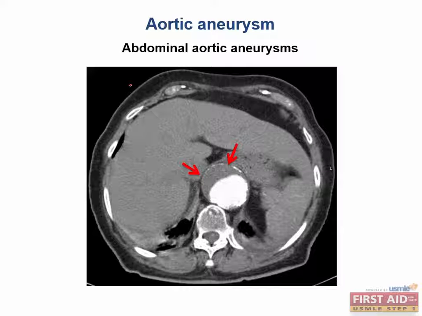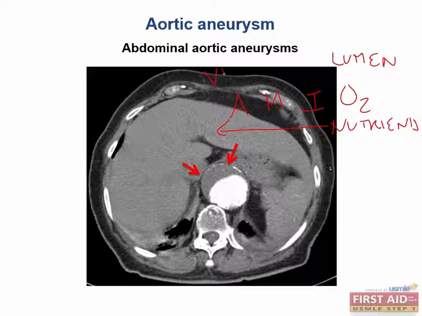Remember, it is particularly susceptible to atherosclerosis because there is no vasa vasorum within the adventitial layer of the aorta below the renal vessels. Why does that increase the risk for aneurysm formation? Because oxygen and nutrients now must diffuse through the intima, the media, and the adventitia all the way from the vessel lumen.